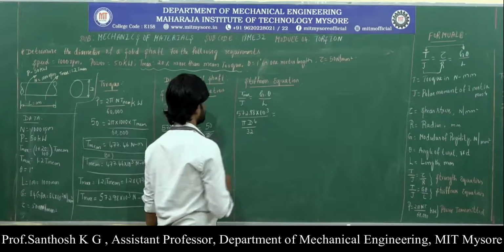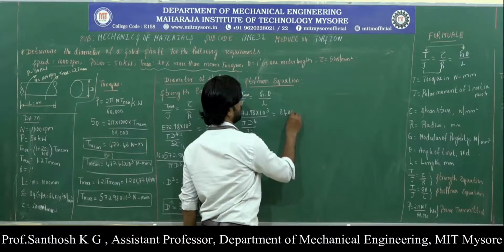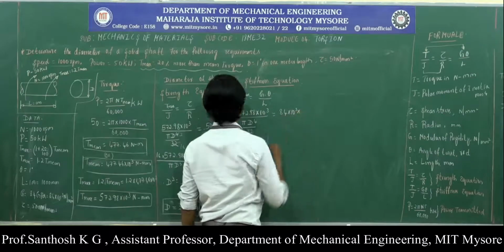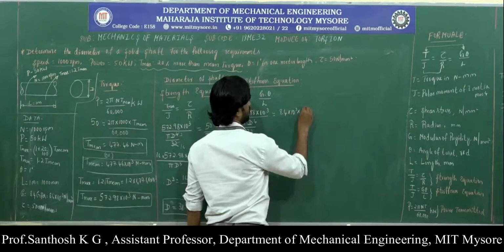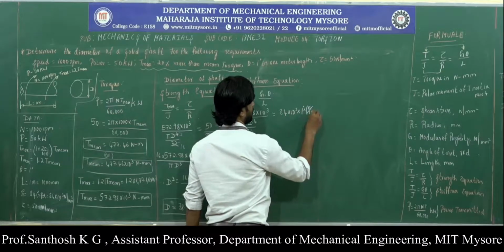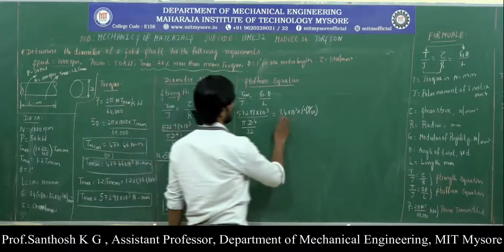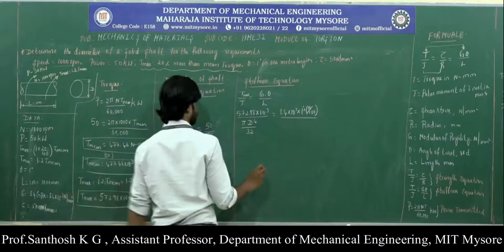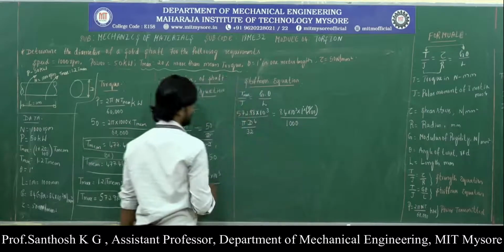This equals the value of G, which is 84 into 10 to the power of 3, and the value of theta, which is 1 degree. If I want to convert this into radians, I should multiply it by pi and divide it by 180, divided by L. The length of the shaft is 1000 millimeters.